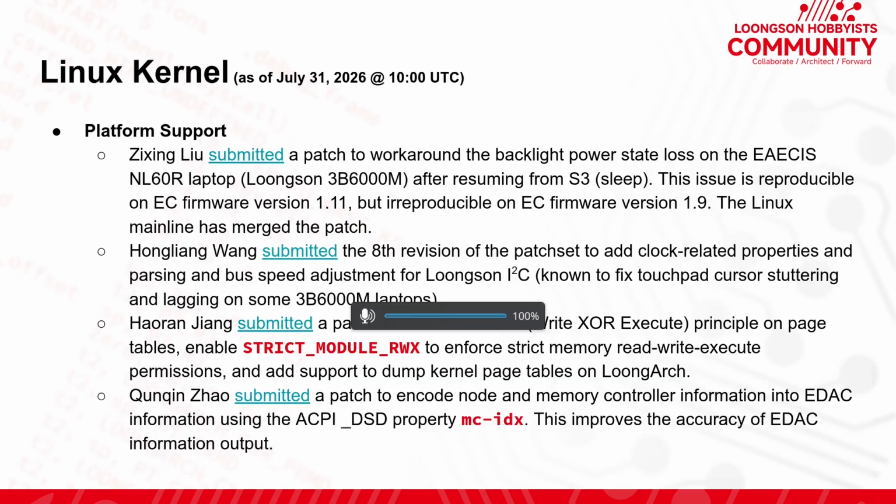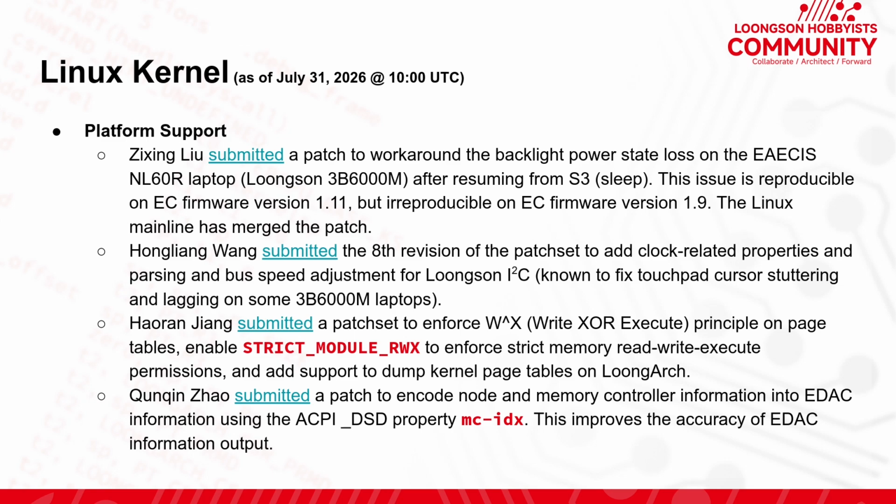Okay, and when it comes to Linux kernel, there has been I guess a couple more visible changes. So starting with platform support, Liu Zixing submitted a patch to work around the backlight power state loss on the EAE CIS NL60R or the Excelsior NL60R laptop based on the Loongson 3B6000M chip. So basically the backlight would not come on after resuming from S3.